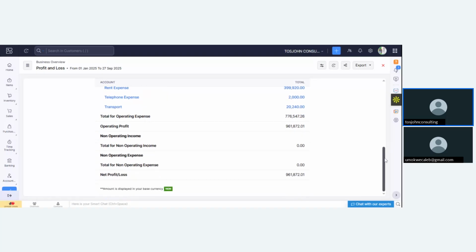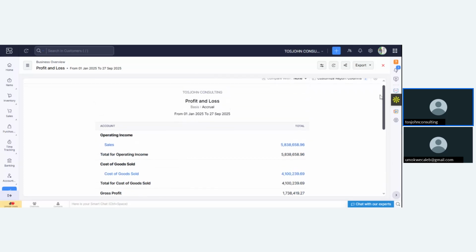So you can see at the end of the day, your gross profit minus operating expenses will give you your net profit, right? So after your net profit, you can take it further and do some other things. At the end of the day, you'll be able to know the tax that you are meant to pay.